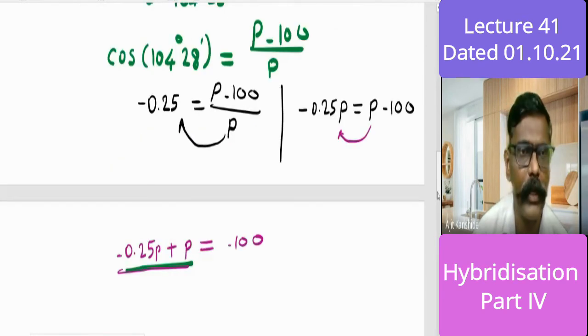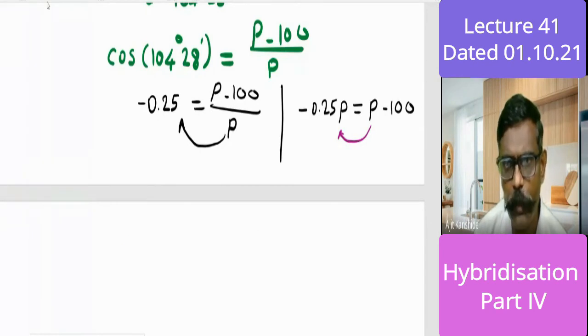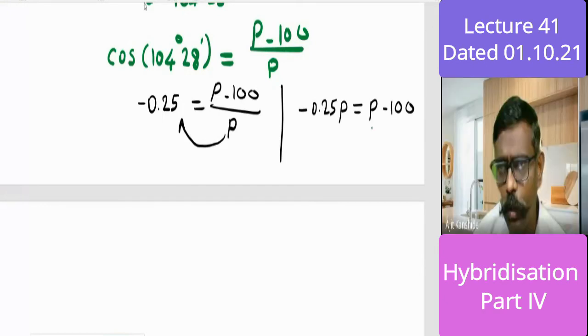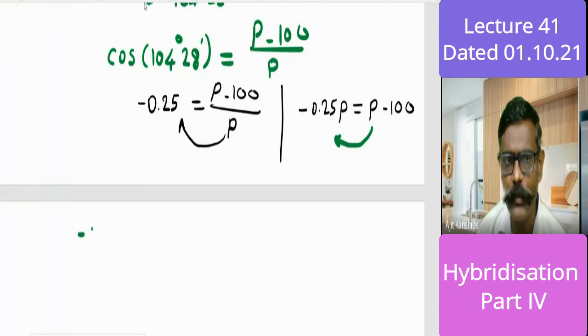Am I correct or wrong? Are you following the step? One mistake was there, and I am correcting it now. Now pay attention. I bring this P to the left side. Help me now: minus 0.25 P. What shall I write here, minus or plus? This P I am bringing to the left side.